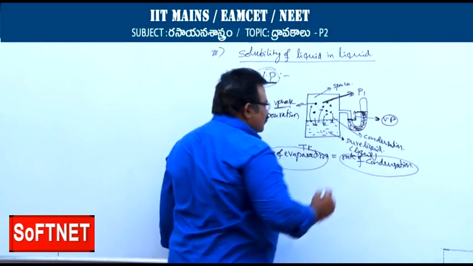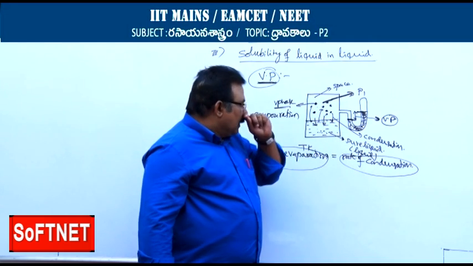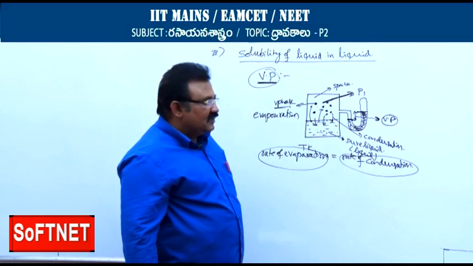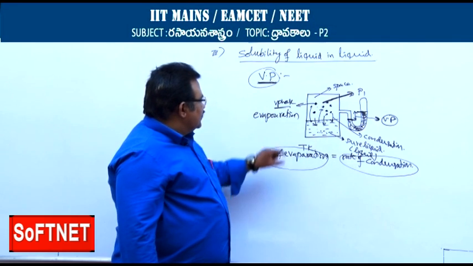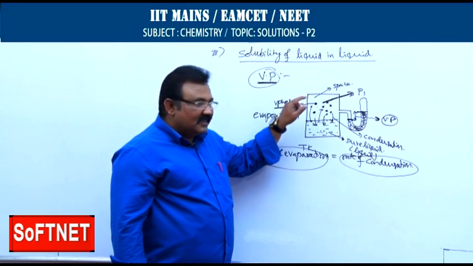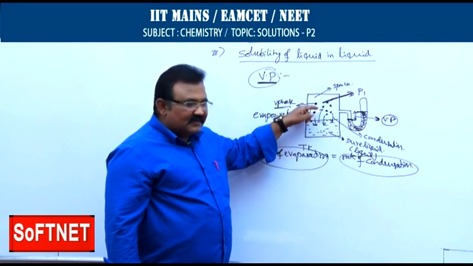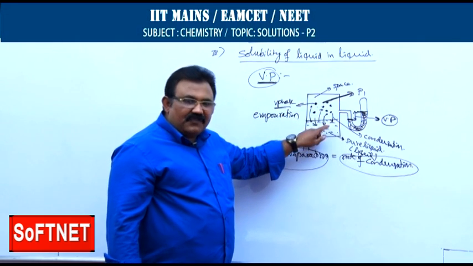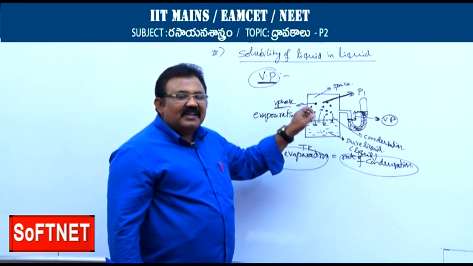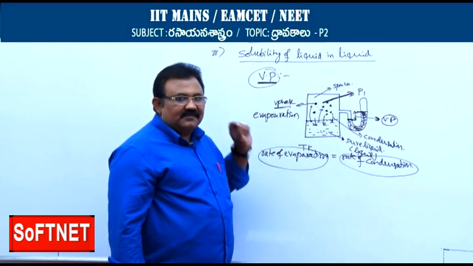The difference between the two levels gives the vapor pressure of the liquid in the gaseous phase. So, is it clear? What is vapor pressure? The pressure exerted by vapor on its own liquid surface at a given temperature is known as vapor pressure.